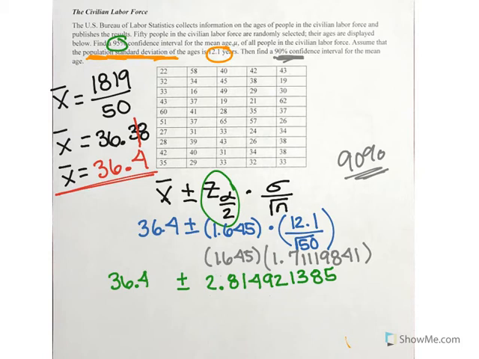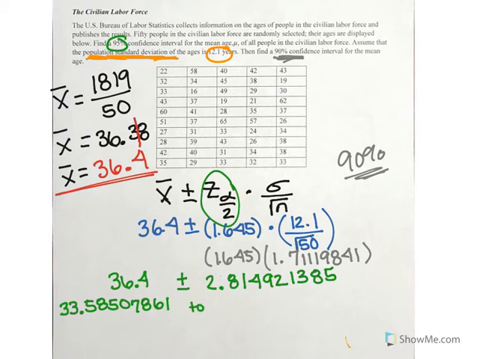So when I subtract it from 36.4, we get 33.58507861.